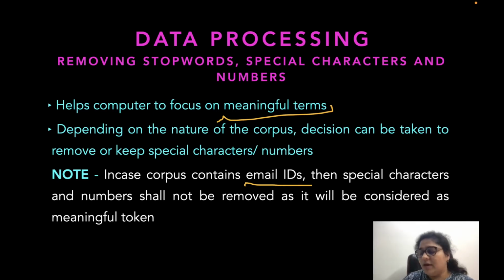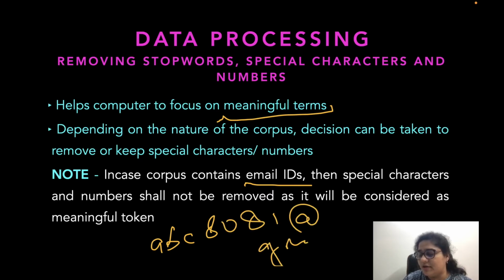For example, let's say some user ABC has taken some important date, let's say 80, 81, some fictitious number, a fictitious ID I'm taking, at gmail.com.